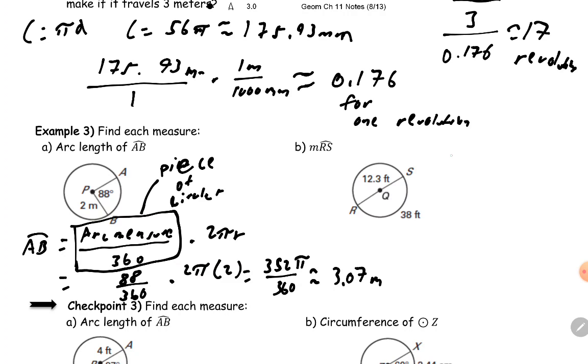Okay, so let's do that again. So arc length is equal to... Oh, I didn't even notice. Okay, so our goal is to find the degree measurement of RS.